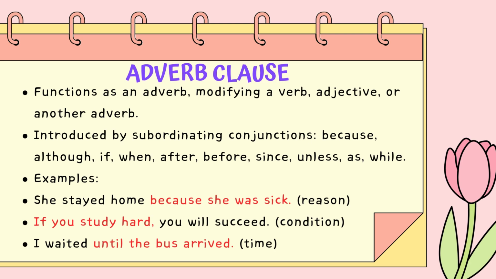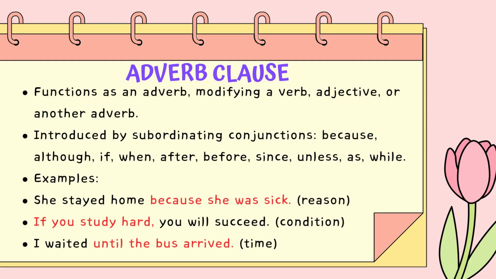And what kind of adverb is this? It is an adverb of reason: because she was sick. So why did she stay home? Because she was sick. So because she was sick is the adverb clause modifying the verb stayed.